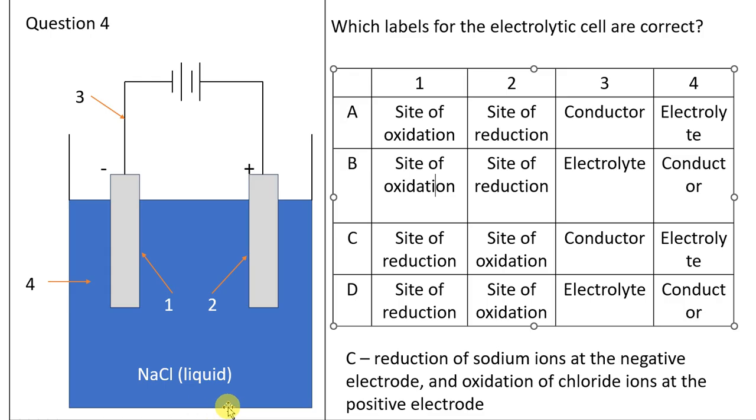Sodium ions must be positive. They are named first in the formula. Always have the positive ions before the negative ions. So at 1, I've got my sodium ions reduced. I'm down to C or D. At 2, the only other ion present, the chloride ions, are going to be oxidized. So again, C or D.